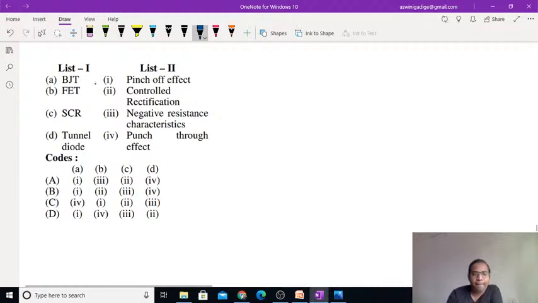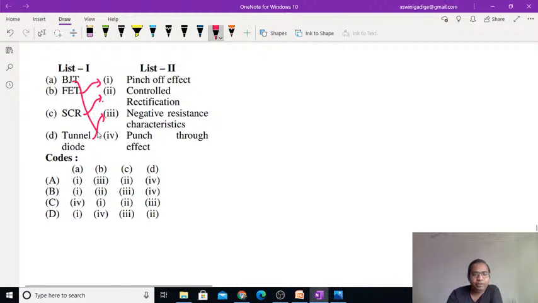Next, coming to this one: BJT, FET, SCR and tunnel diode. Generally the pinch off effect is for the FETs, and controlled rectification is for the SCR, and negative resistance is for the tunnel diode. That's why we use it for microwave oscillations.